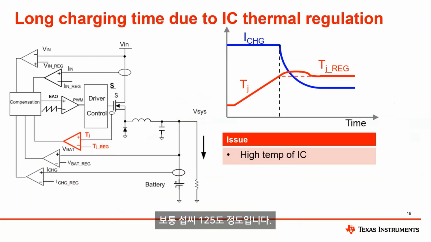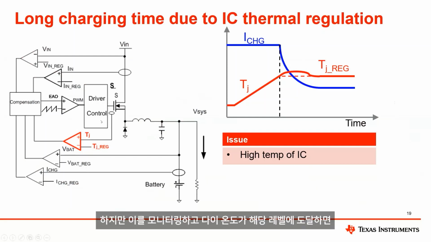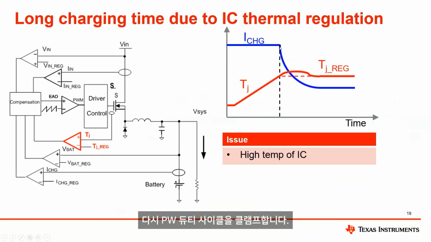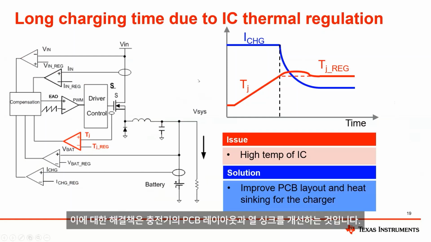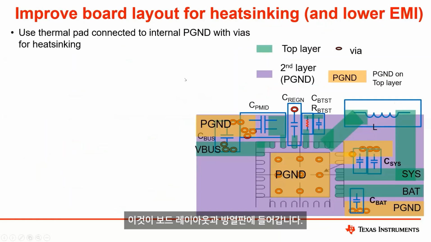Usually it's somewhere around 125 C, but we do monitor that, and if the die temp hits that level, we again clamp the PWM duty cycle, and that would cause the charge current to reduce. So the solution to that would be to improve your PCB layout and heat sinking for the charger. So that sort of gets into board layout and heat sinking.